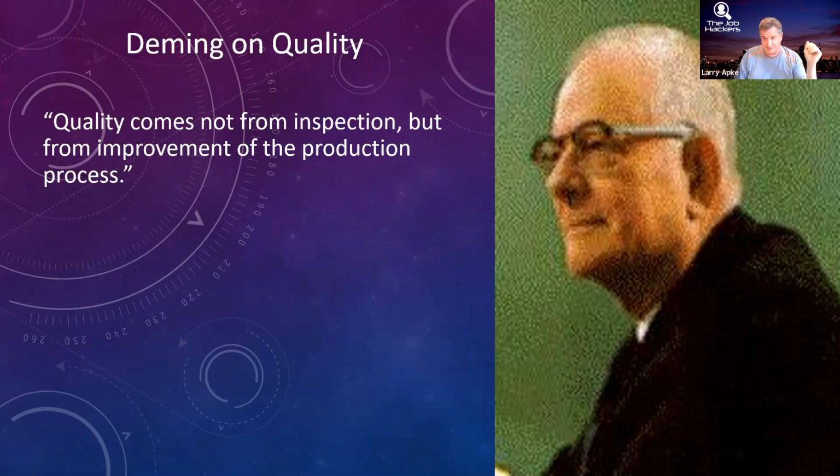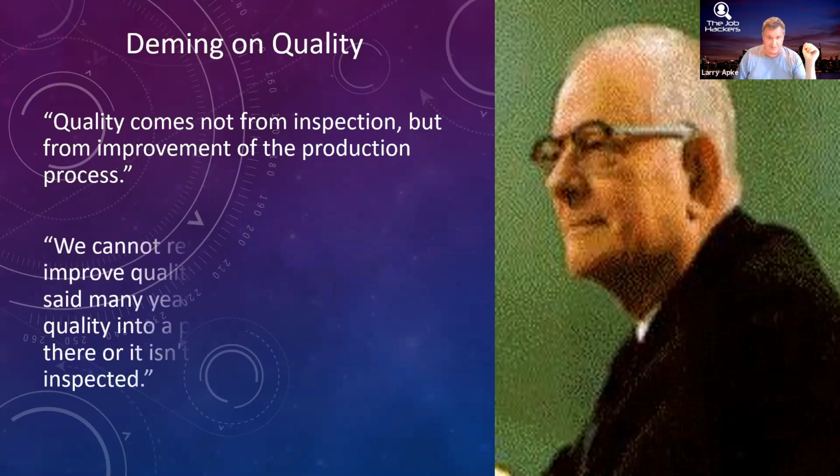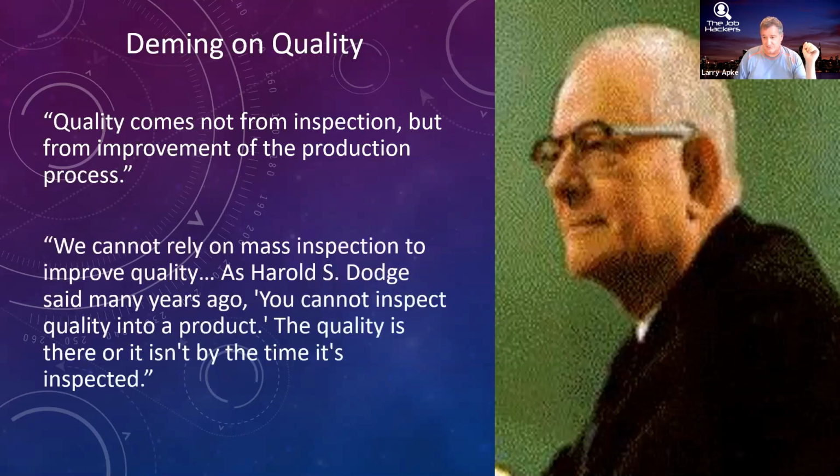He was a manufacturing guy, by the way, but we're going to apply some of his manufacturing ideas to software and knowledge work. You cannot rely on mass inspection to improve quality, because the quality is there or it is not by the time you get to the inspection. I know it seems simple for those of you who know it, but for those of you who haven't thought this way, it's probably a different thing.